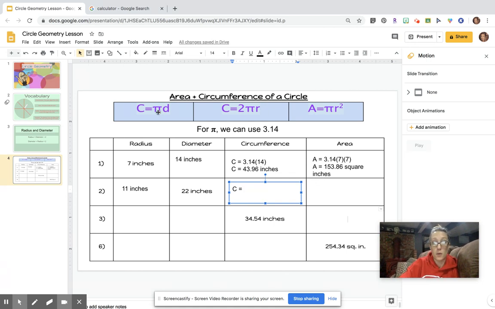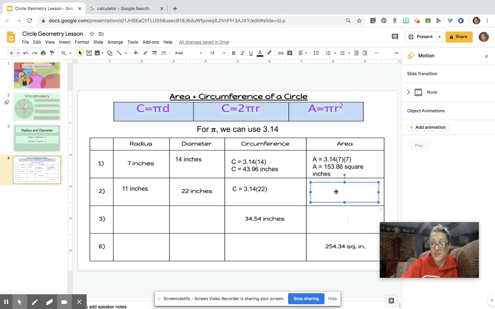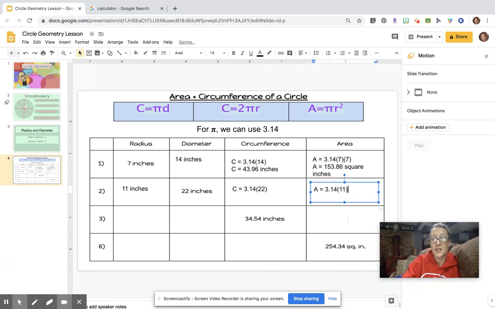So if I want to do pi times diameter, it would be 3.14 times 22 to find my circumference. If I want to find my area, it would be 3.14, pi, times the radius times the radius. Okay, and that would give me my circumference and area.